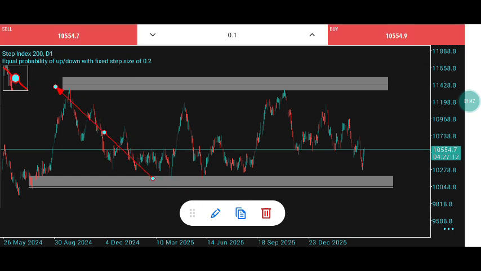It is just bouncing off. It comes to this support, then bounces off back to the upper side, again back to the support, then bounces off back to the resistance.